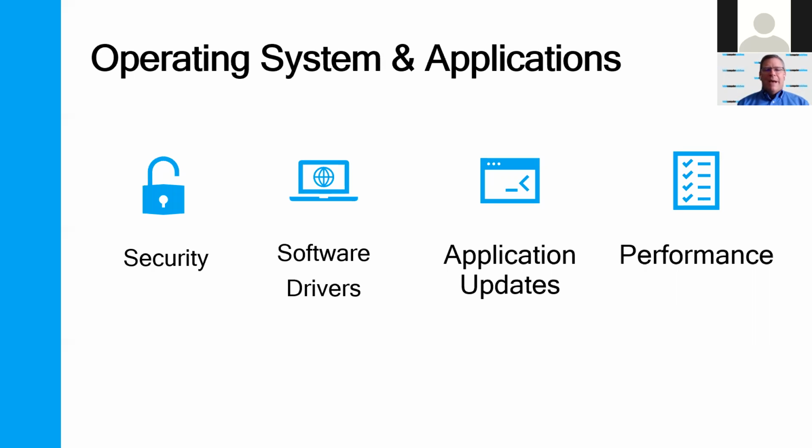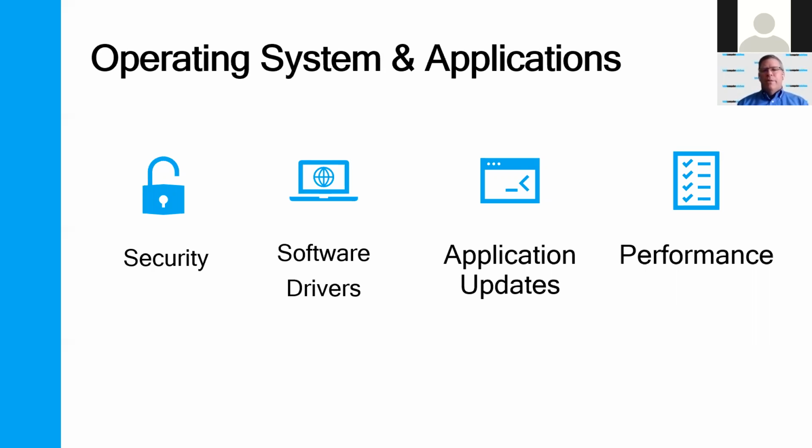The next piece is application updates. An application could be as simple as the Office suite: Word, Excel, PowerPoint, SharePoint, Access. Or it could be your QuickBooks, your inventory management if you're a manufacturer, or your patient system if you're running a medical practice.